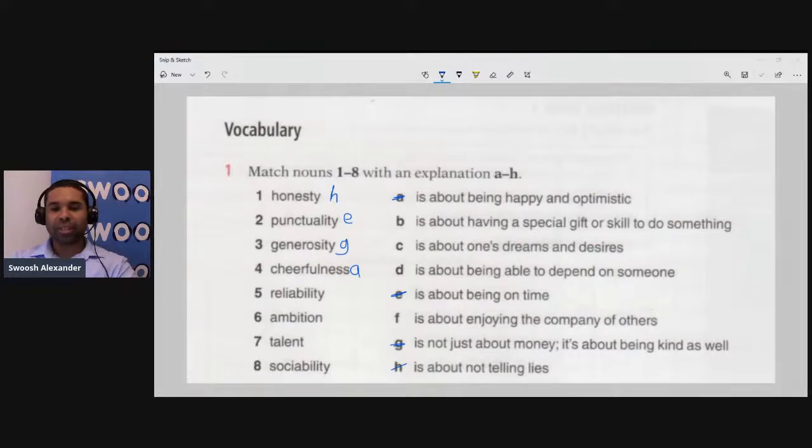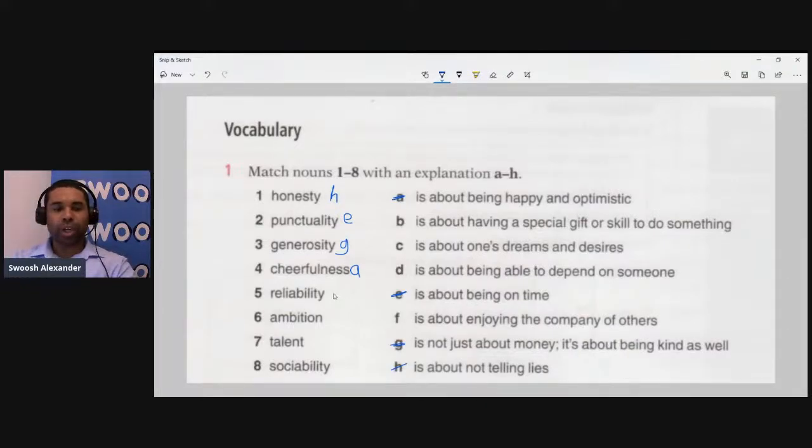Reliability. What would we go for this one? Any suggestions for number 5? Okay, well, reliability, in this case, we're talking about depending.